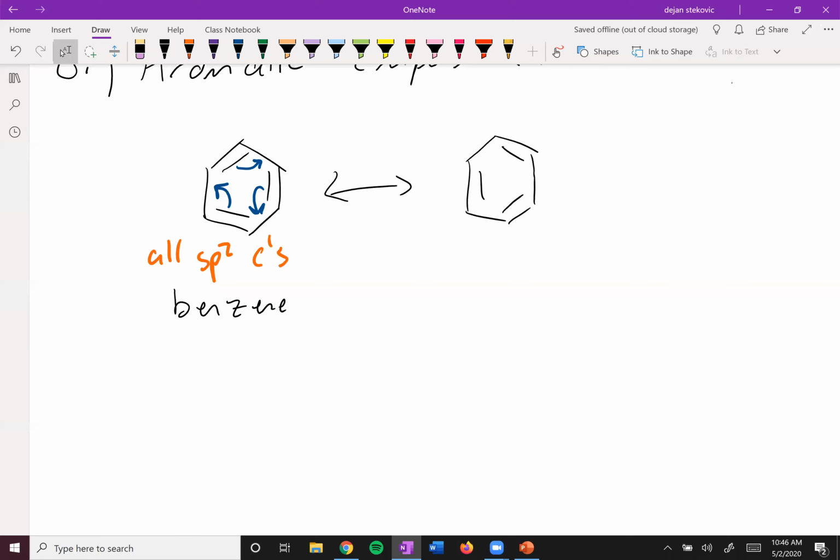It means that the real structure is a weighted average or a superposition of the two structures. Sometimes you'll see benzene depicted as a hexagon with a circle in the middle, because these bonds are rotating about. And so all of these bonds are equal in length and in strength.